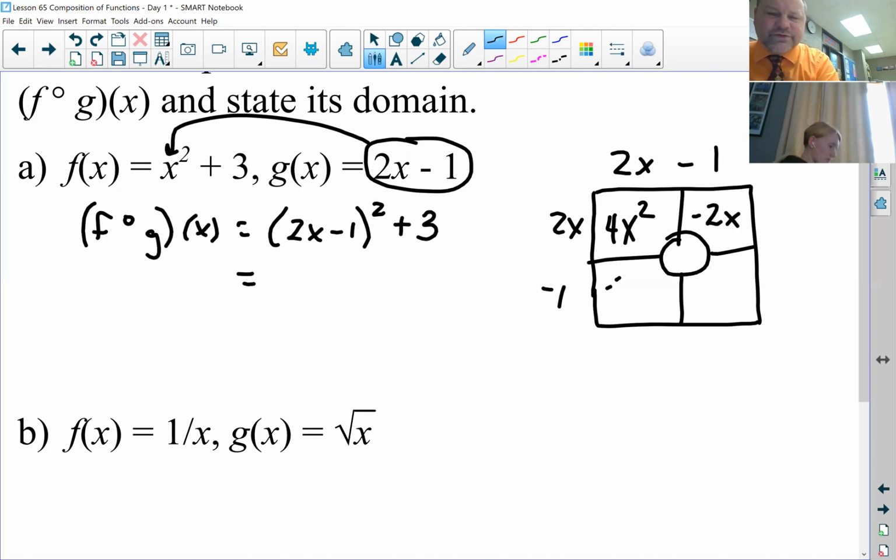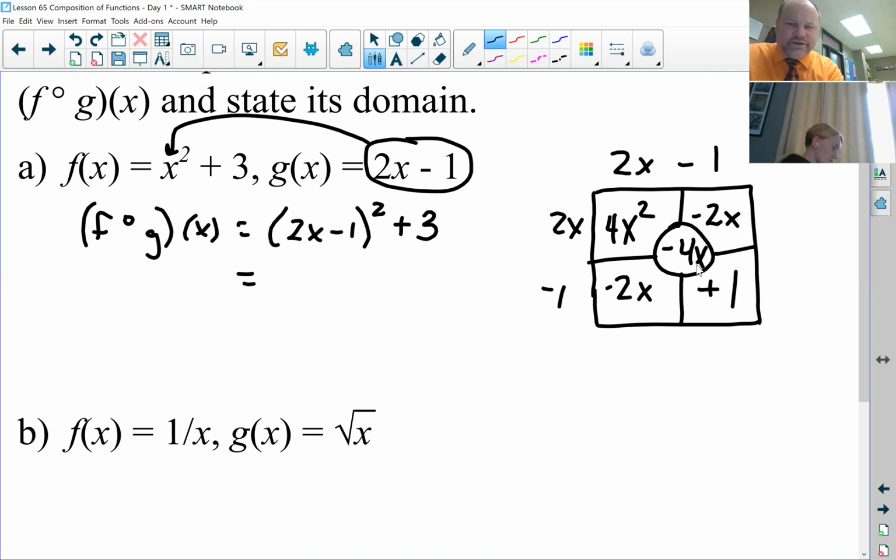Negative 1 times 2x is negative 2x. And negative 1 times negative 1 is positive 1. Combining our negative 2x and negative 2x, we get negative 4x.